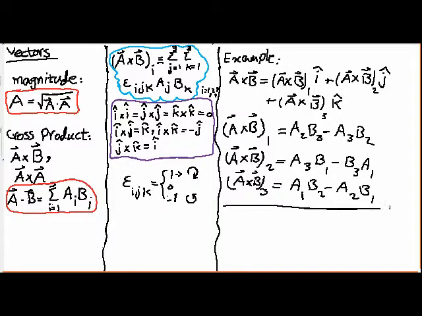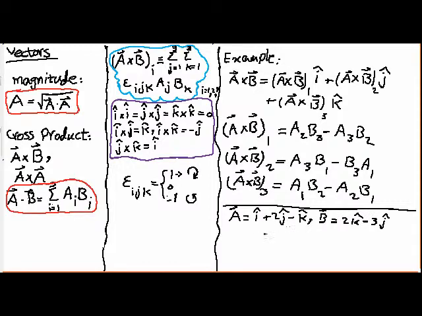So now let's make an example. Let's say A equals I hat plus 2 J hat minus K hat, and B equals 2 K hat minus 3 J hat. As I explained already, the location of these guys, K hat, J hat, I hat, is not important.